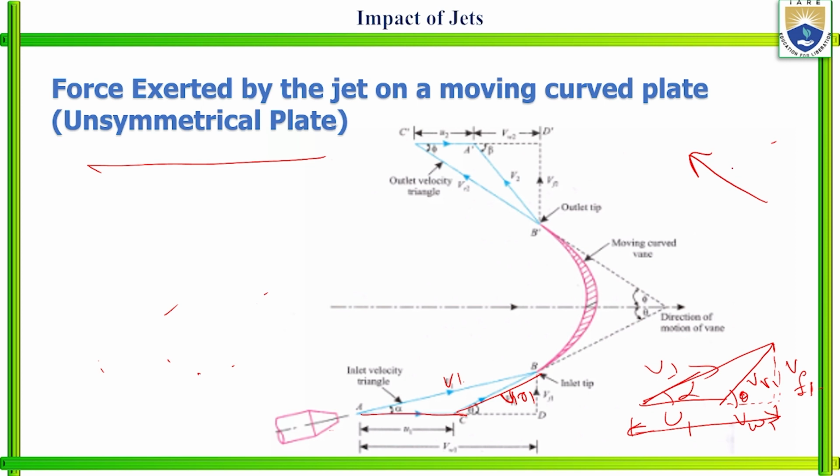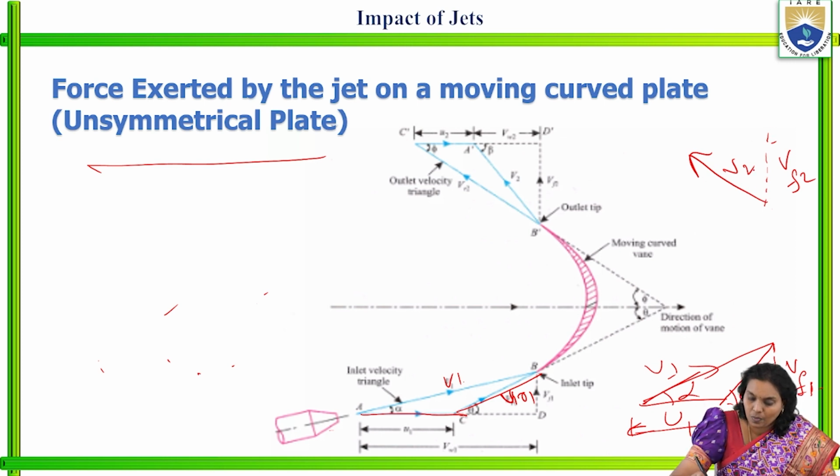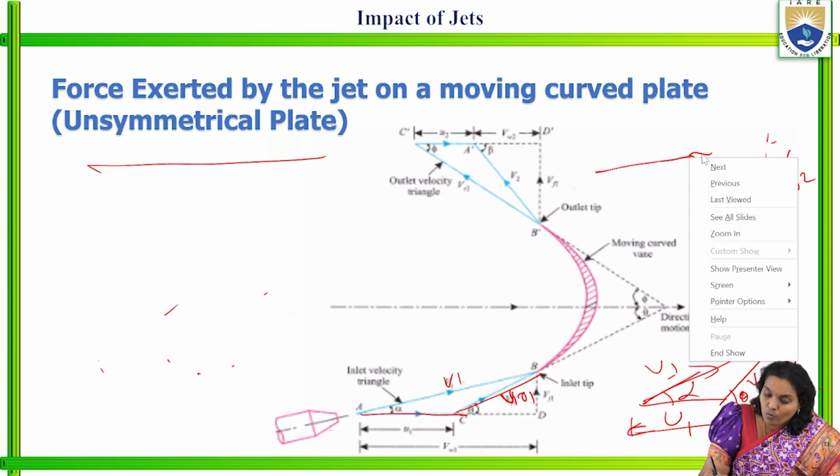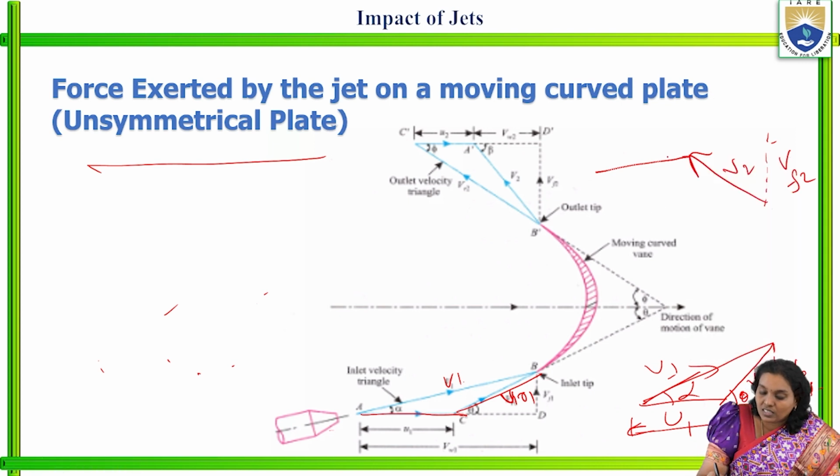Similarly at outlet, this is V2 and this is VF2. The relative velocity is in the opposite direction to the movement.